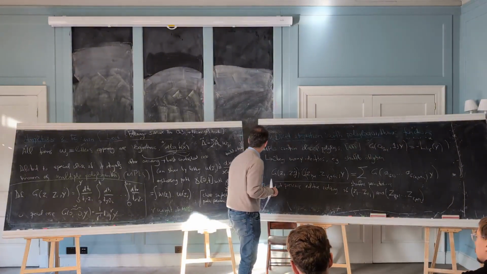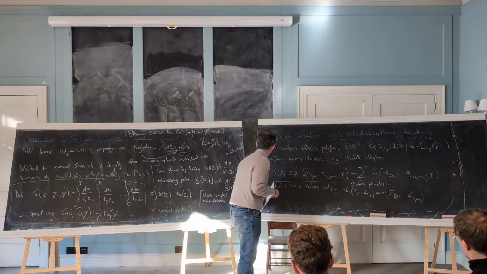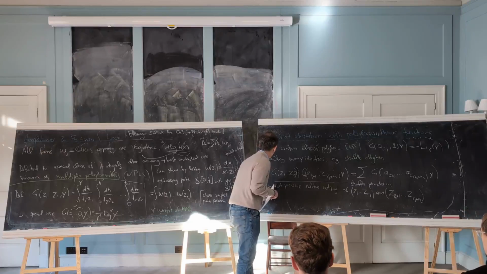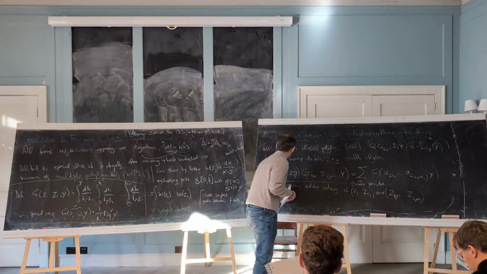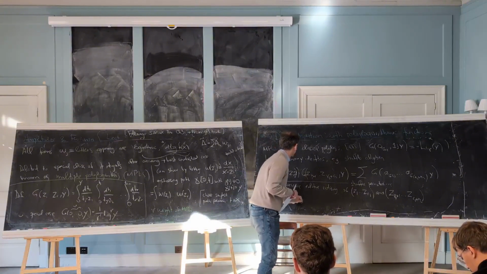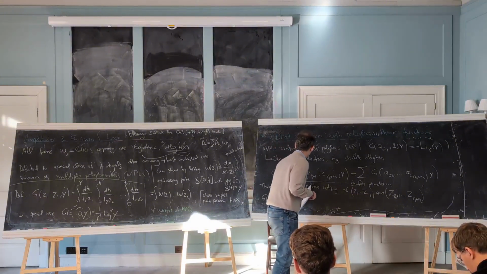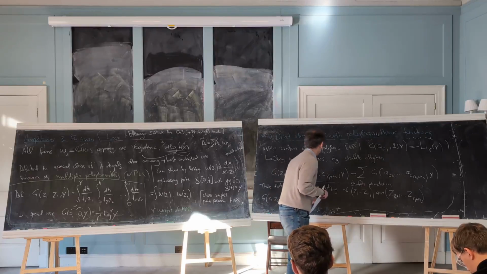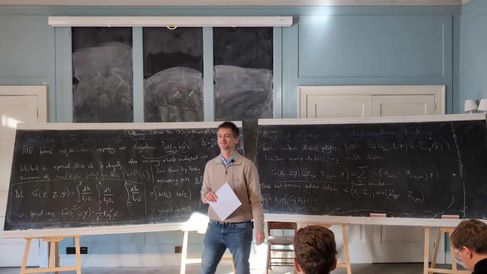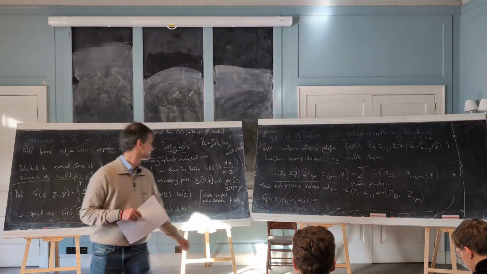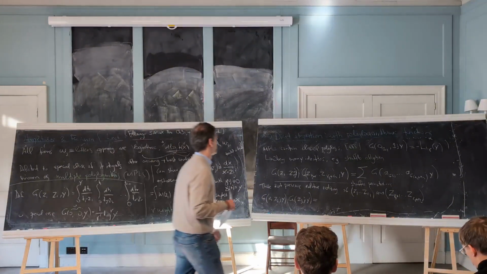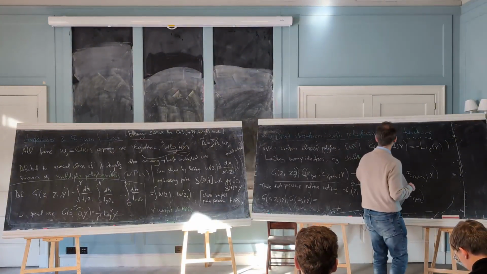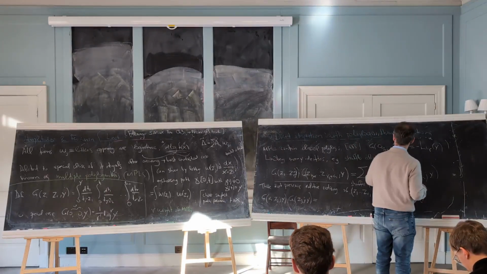Okay, there's a simple example that one can write down. Let's say G of z1, z2, y times G of z3, y. Who will tell me what this is? Just a typo, thanks for pointing it out.